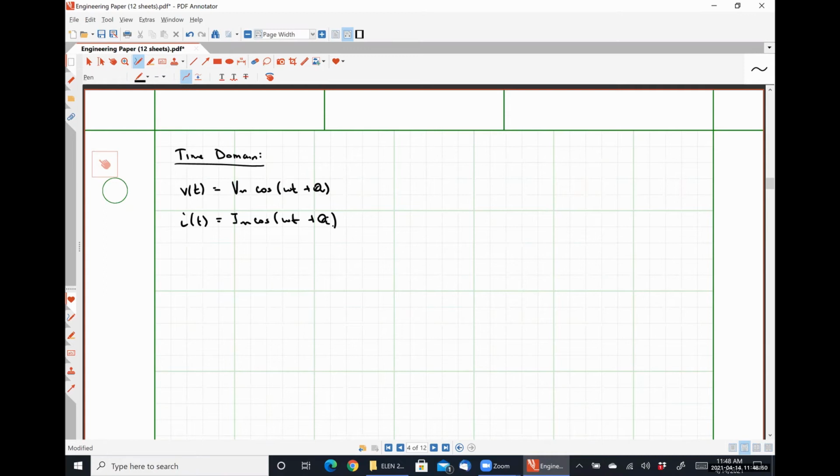We just analyzed the circuit in what I call the mixed domain. In that mixed domain, we represent our time domain signal by a complex number. So v(t) equals Vm e^(j(omega t plus theta v)), and i(t) is equal to Im e^(j(omega t plus theta i)).